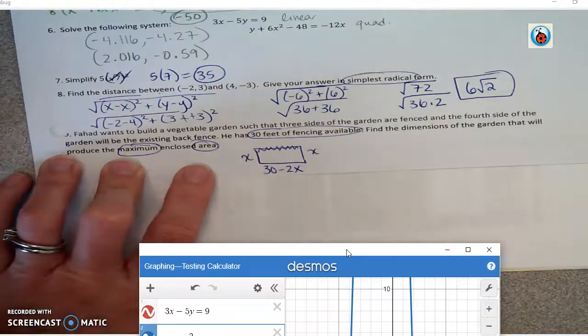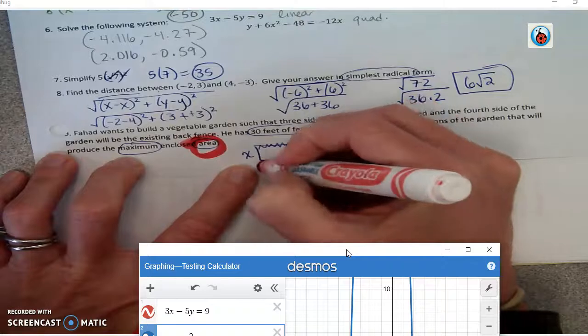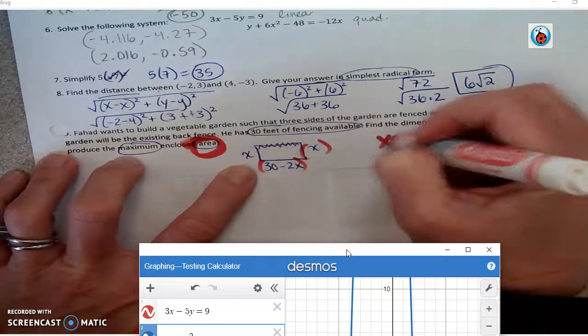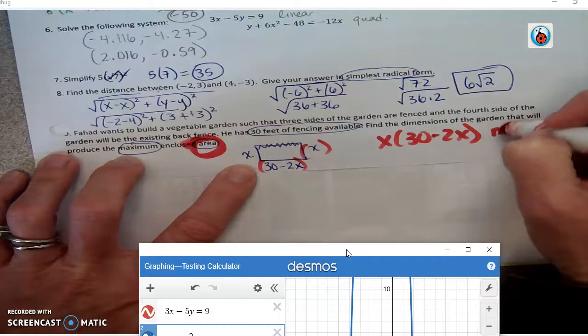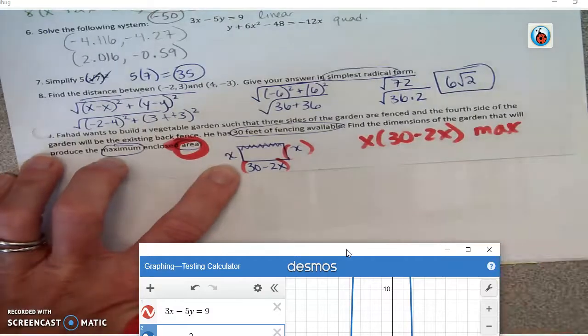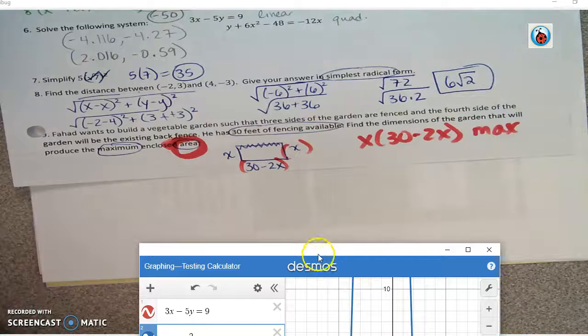The maximum area, remember that area is length times width. So x times 30 minus 2x. And we're trying to find the maximum of that. So I'm going to put that in Desmos and find the maximum.